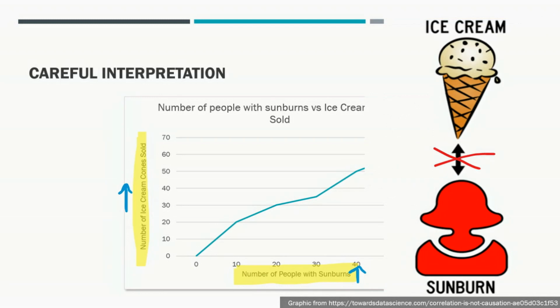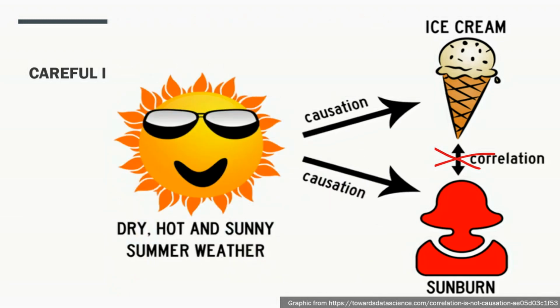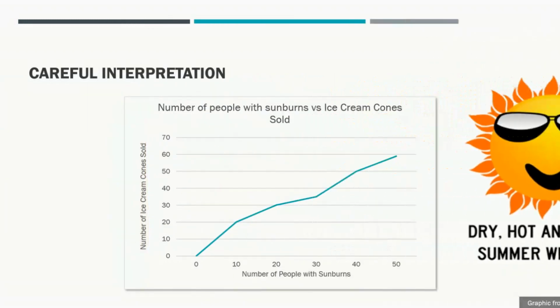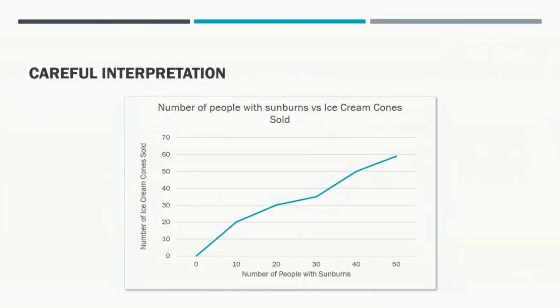In fact, in this specific example, it's far more likely that the fact that both ice cream sales and the number of sunburns are going up is caused by hot weather, as opposed to being caused by each other. So in short, when evaluating a graph, just be mindful that just because there is a relationship, we cannot be certain that one variable caused the other.